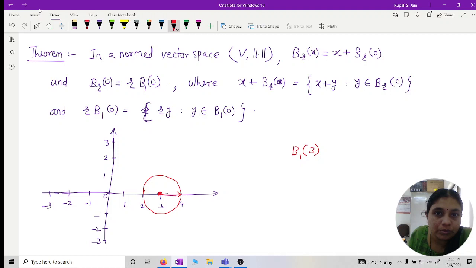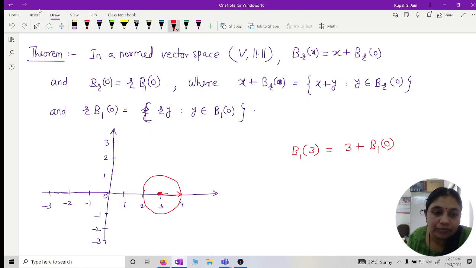In R2, this theorem is for a general vector space. Now instead of that, I am just taking one example in R2, to show how this theorem can be stated. If I take B_1 at 3, x is 3, r is equal to 1, what will be this? This should be, as per the theorem, 3 plus B_1 at 0, right?